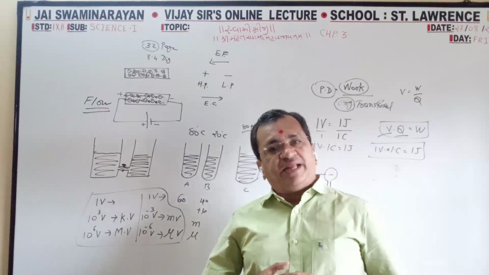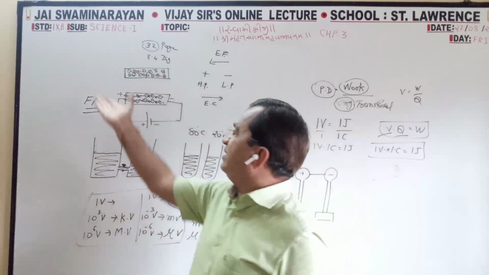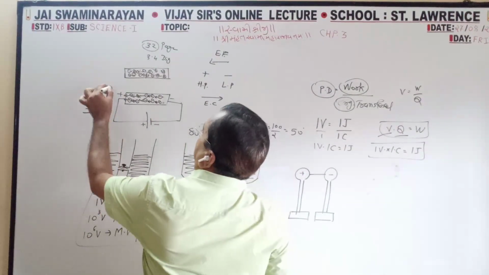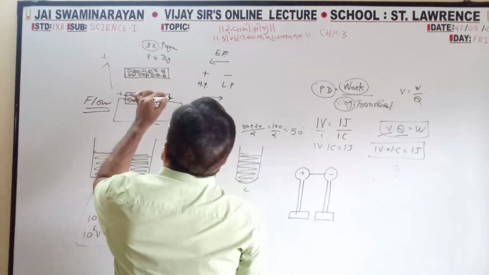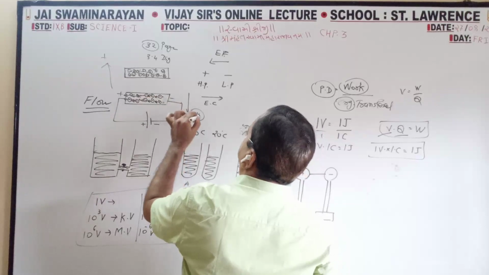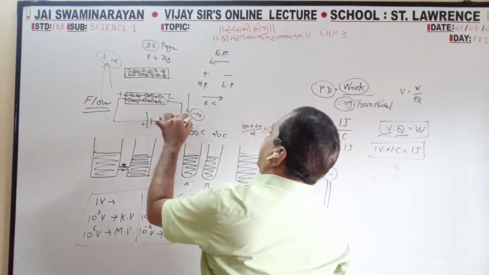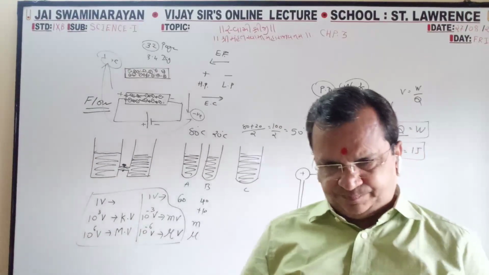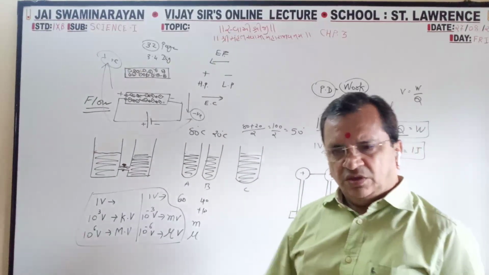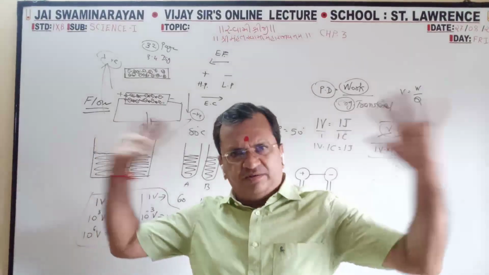Why? Because all are negative and negative is attracted towards positive. So this level will be high. High means positive level, and from here they are going, so down, so negative. So from positive to negative electric current will flow. The two green diagrams are given, no need to read this, simple.